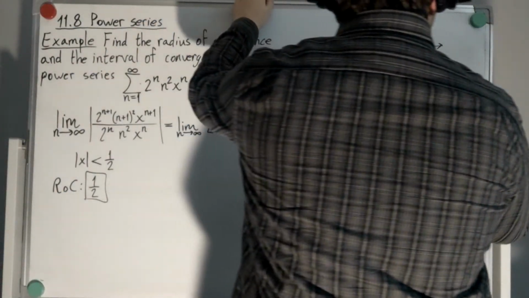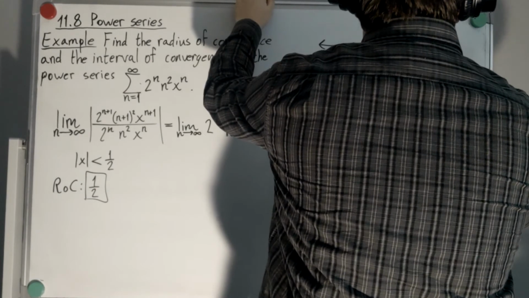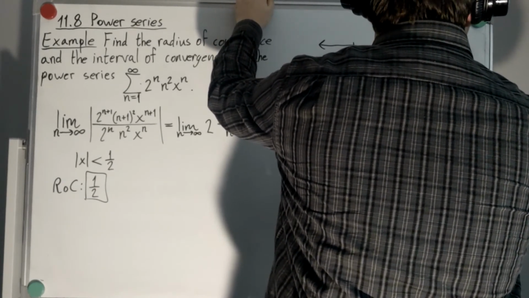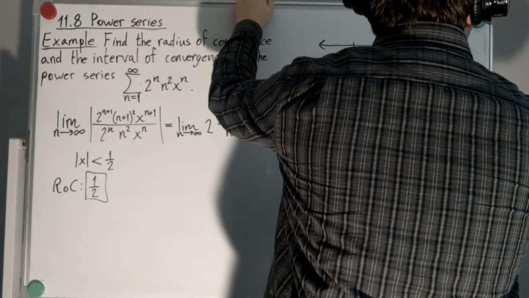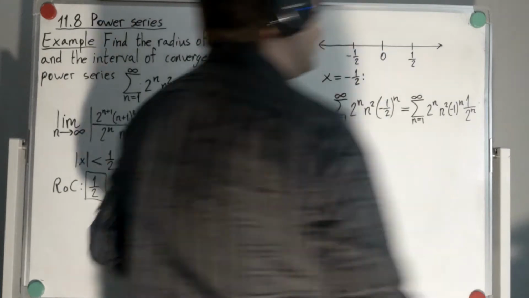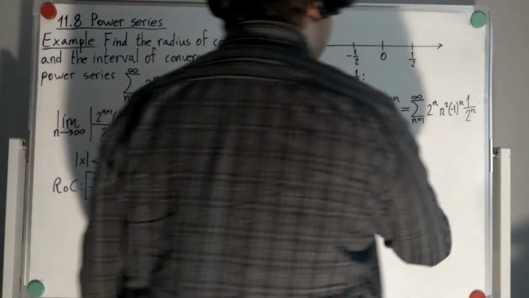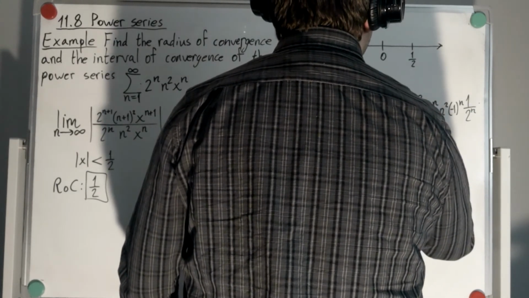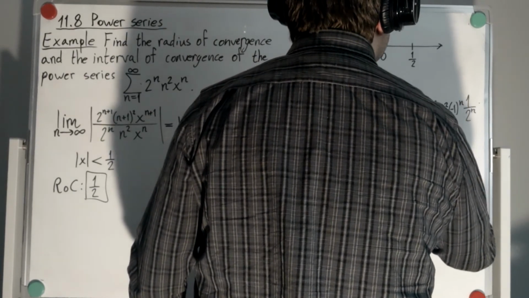This is the same thing as the sum from n equals 1 to infinity of 2 to the n times n squared times negative 1 to the n times 1 over 2 to the n. The 2 to the n's cancel, so then you're just left with the sum from n equals 1 to infinity of negative 1 to the n squared.